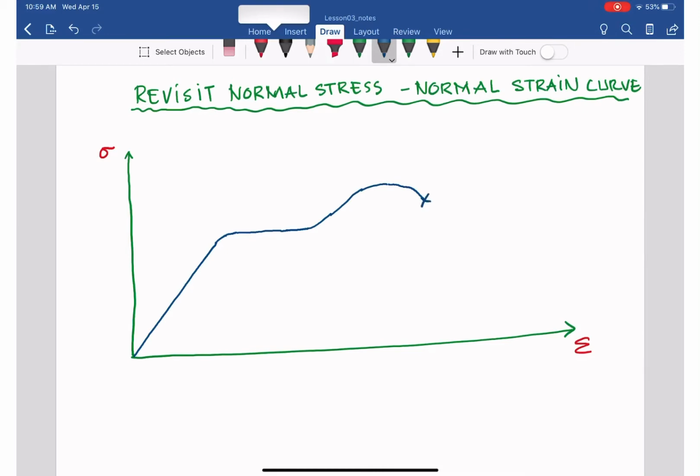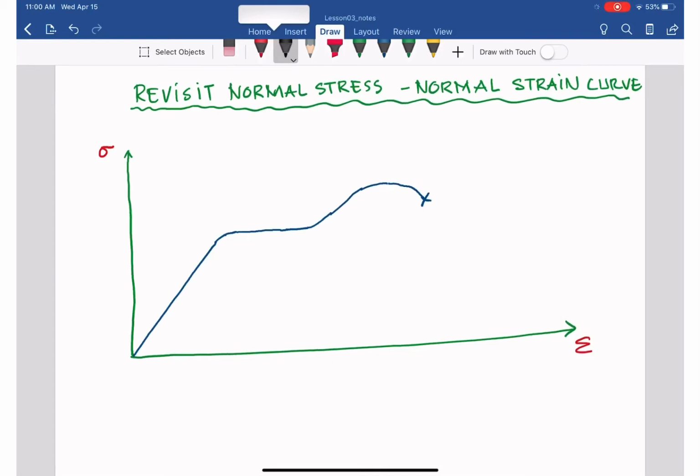So there are a few components that we want to look at in the behavior of the normal stress and normal strain curve. The first portion we call elastic. If you remember from the previous lesson, there are elastic and inelastic, or plastic, regions. This portion is basically elastic.